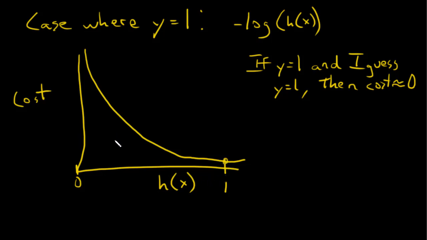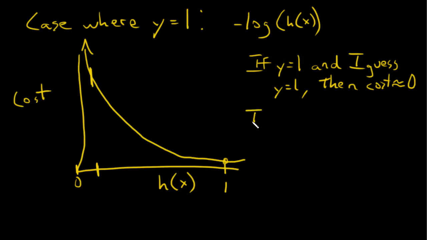Meanwhile, if I have an h of x that leads me into guessing that it is group 0, let's say I have something like here, the cost associated with that is very high. This is heading towards positive infinity right here as I get close to 0.